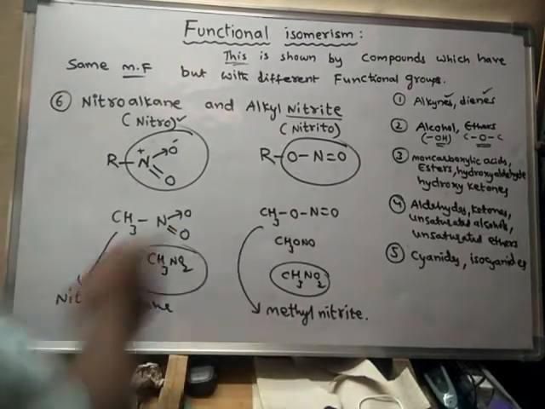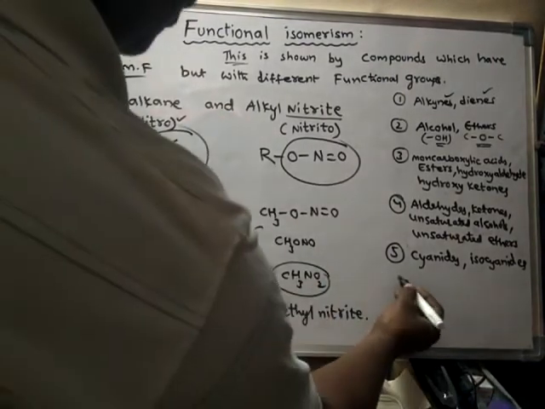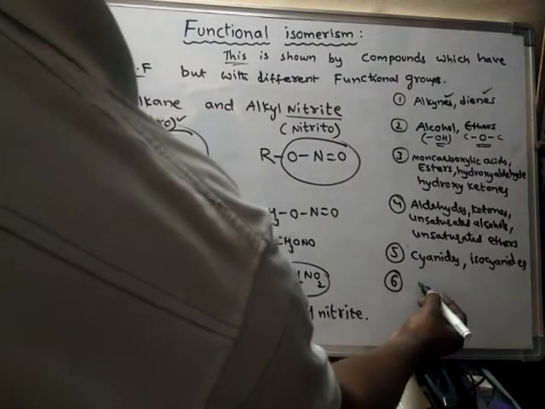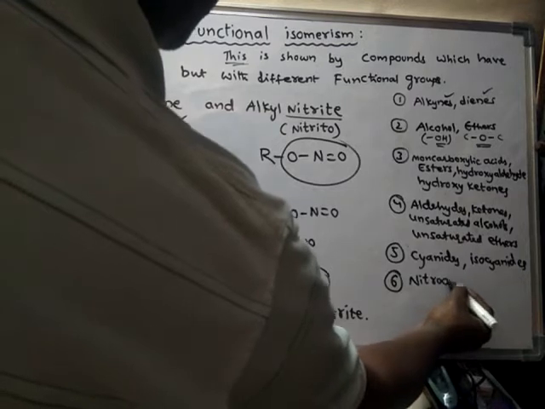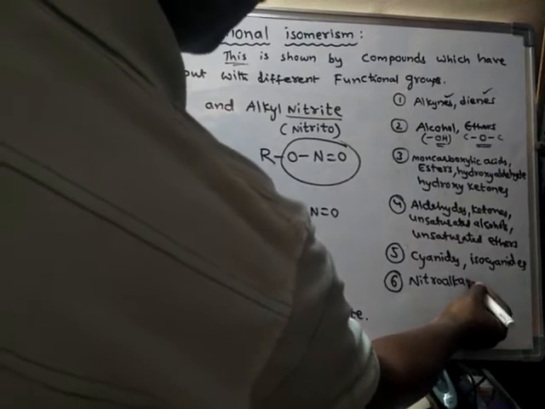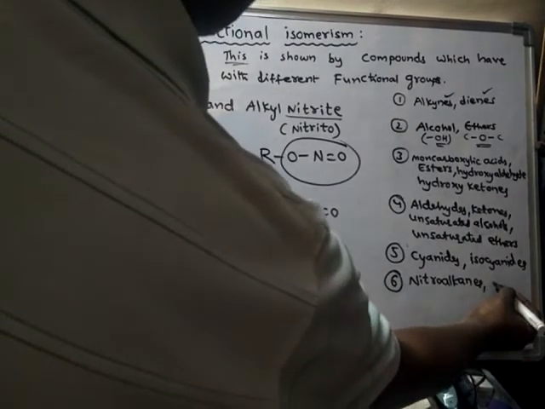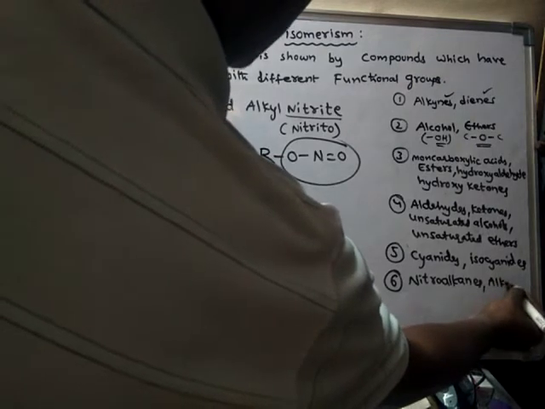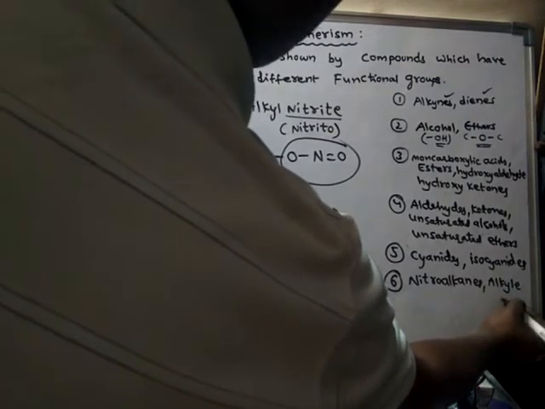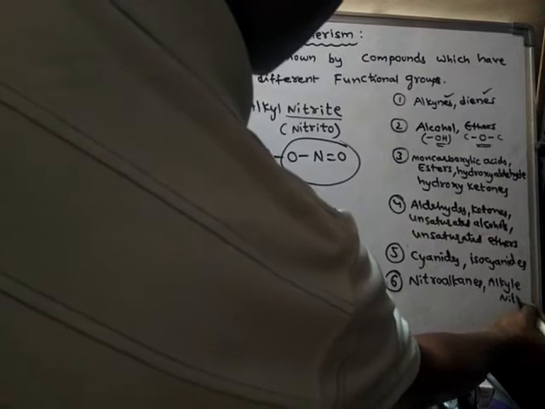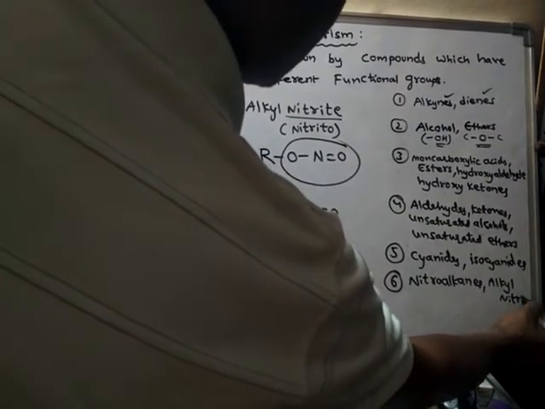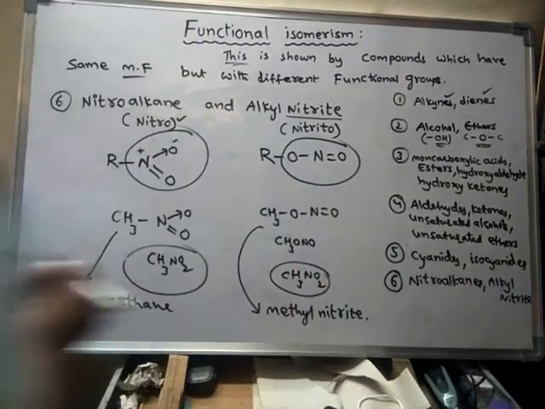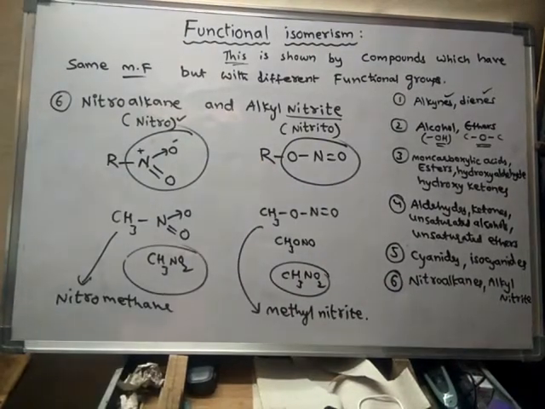So these two are functional isomers to each other. So the sixth type is: nitroalkanes are functional isomers to alkyl nitrites.